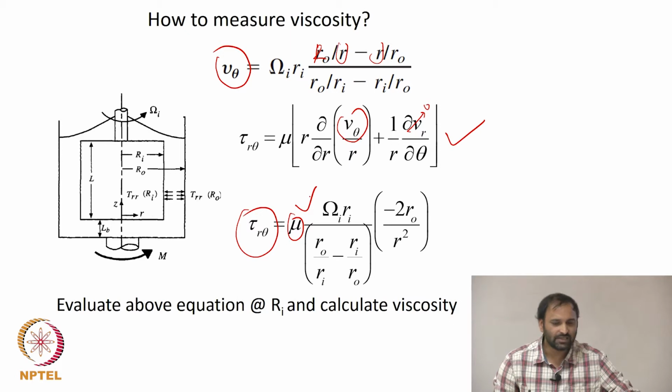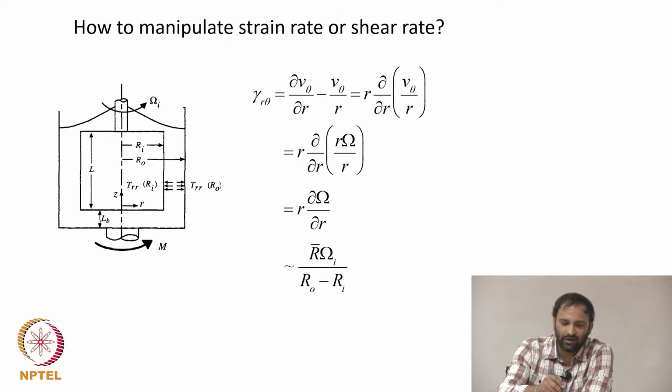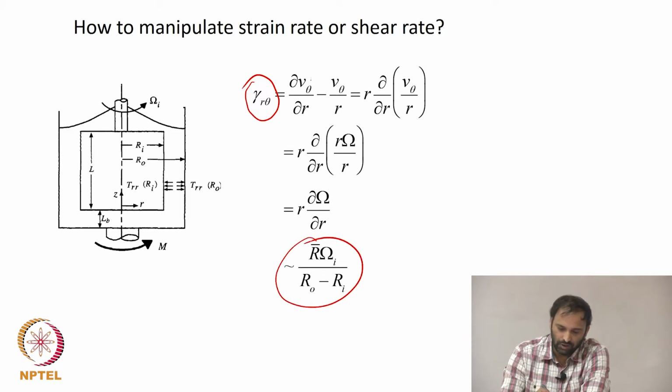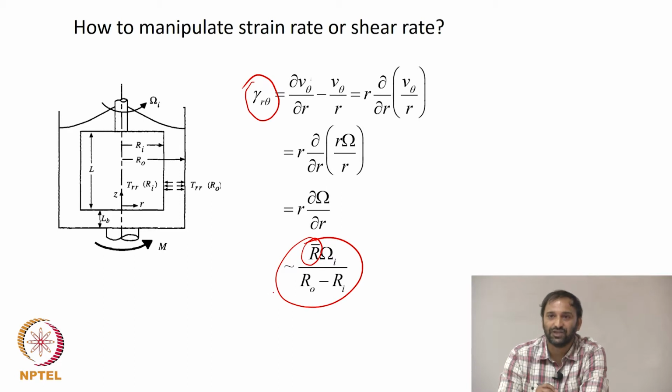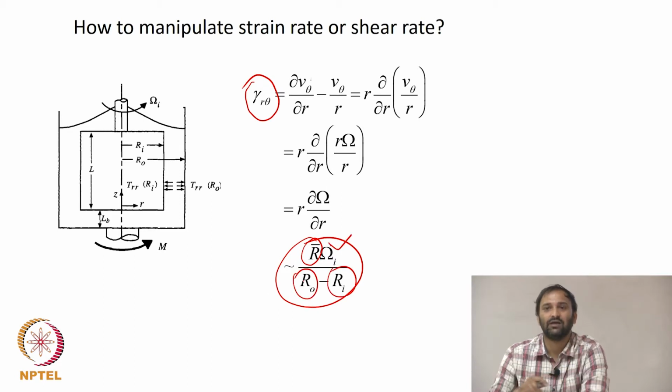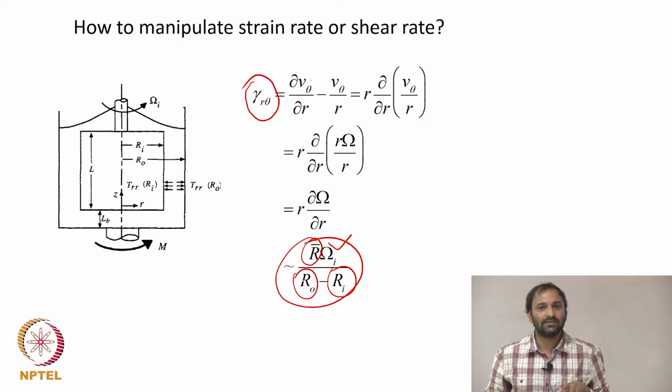Similarly, your shear rate would also depend on your average radius, the rotation speed, and the inner and outer cylinders. So what I can do with these devices is take a fluid and put it in the gap between the cylinders, or between the bottom plate and the top plate.